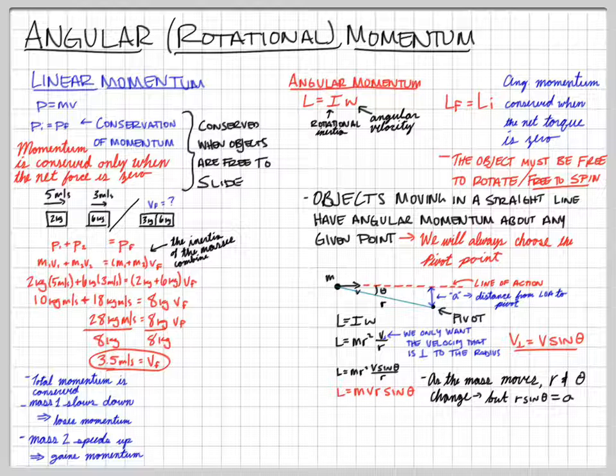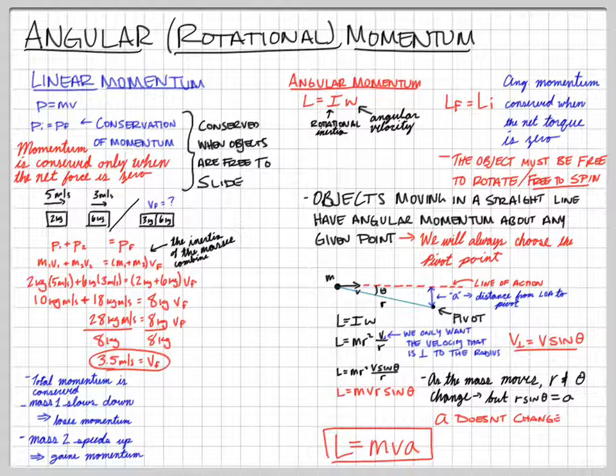So, to simplify, anytime an object is moving in a straight line, its angular momentum is going to be m v a. Okay, a doesn't change, which is nice. So any object moving in a straight line has mva. And the really important part of this is that if the object has constant velocity, it's also going to have constant linear momentum, and it's going to have constant angular momentum.